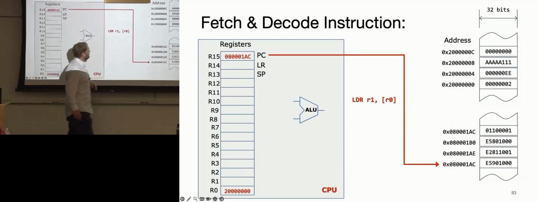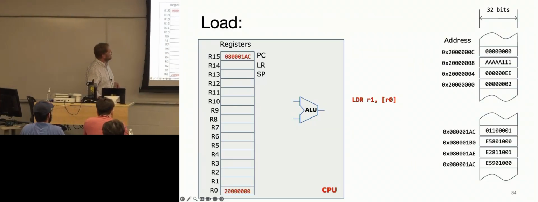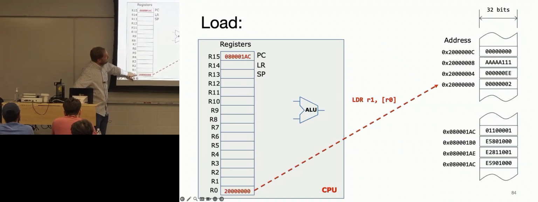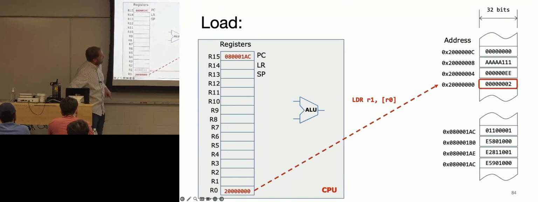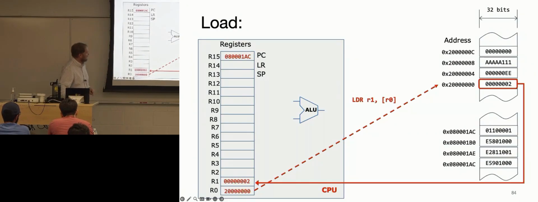We've decoded it into a load register. We had to fetch and decode it. Now we load the value at that memory location: the address is stored in R0, we go out to memory, grab the value, and place it into R1.